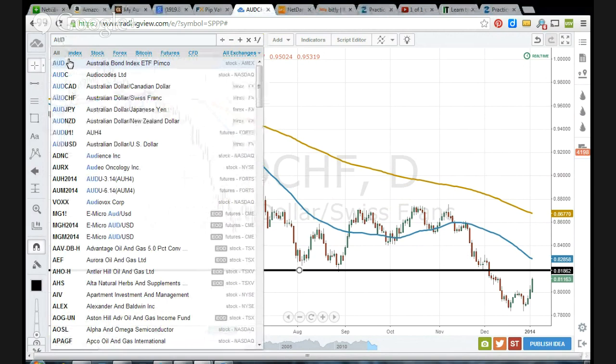And I will actually add that. So I'm adding Aussie Swiss to the watch list. Cad Swiss is also on the watch list. Chances are I won't place trades on both because it's the same pattern, but whichever one offers a technical setup that I'm more comfortable with.